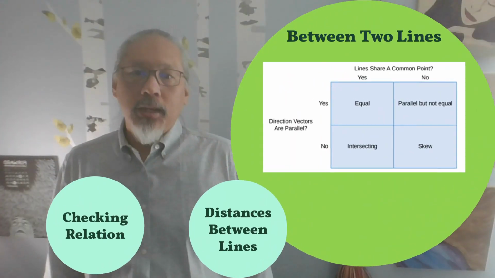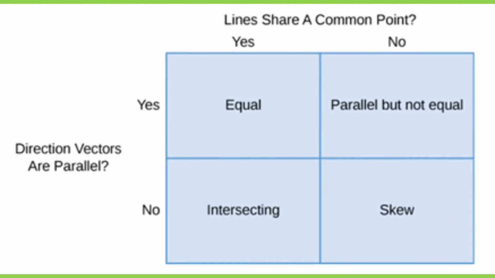After that, we're going to take a look at the relationship between lines. If the lines have the same or parallel direction vectors, then they are either equal. Remember that lines might not look like each other, but they might still be the exact same line. So they could be equal. If they're not equal, then they're going to be for sure parallel because your direction vectors are parallel.